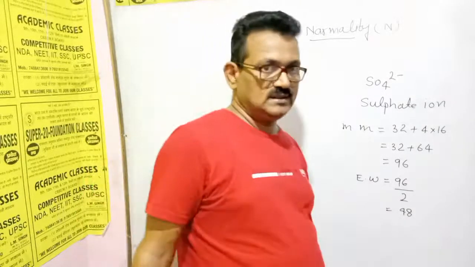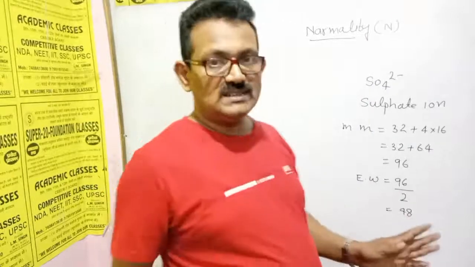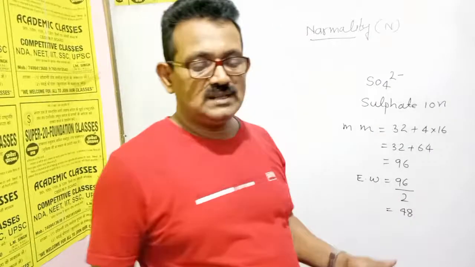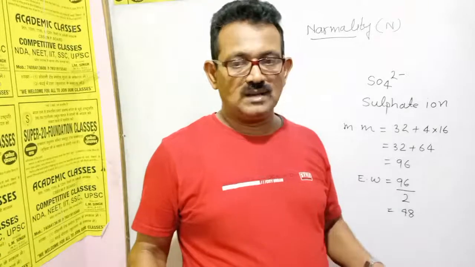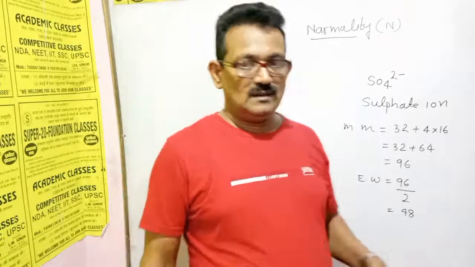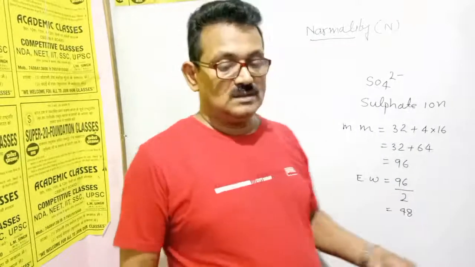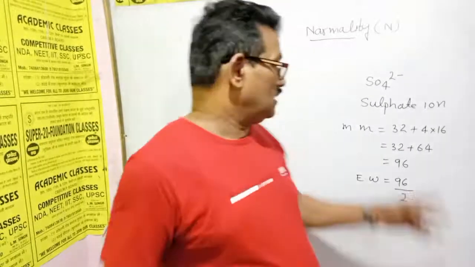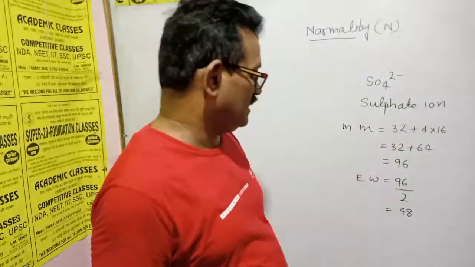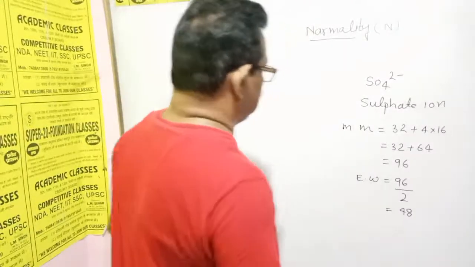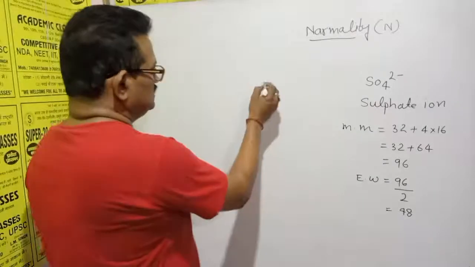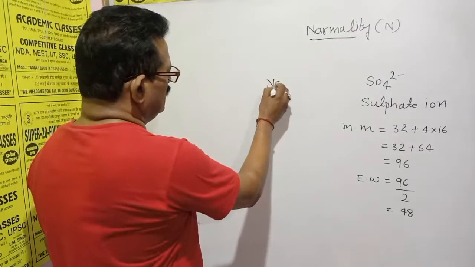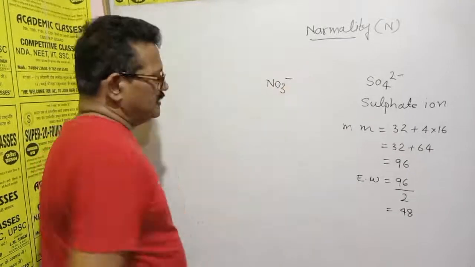Okay, students. I gave three examples. First, how can you calculate the equivalent mass of sodium hydroxide? Second example, sulfuric acid, and third example is sulfate ion.